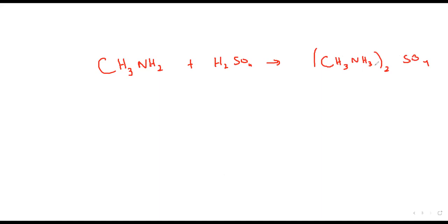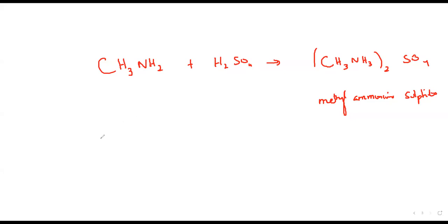So what are the ions and what do they name this compound? Carbon is there, so methyl. Due to the NH group, it is ammonium. And SO4 is there, so sulfate. This is what is given in the question, that it forms methyl ammonium sulfate.